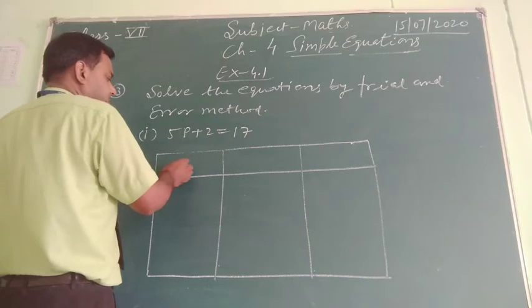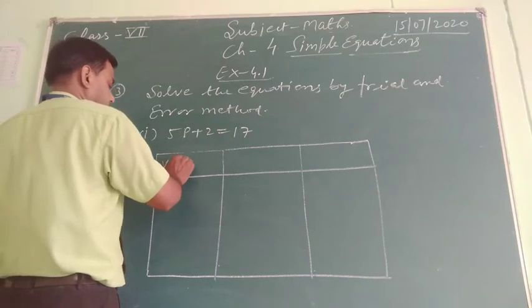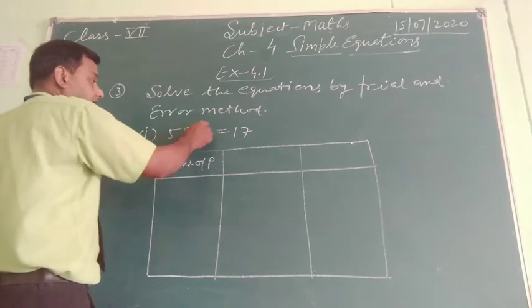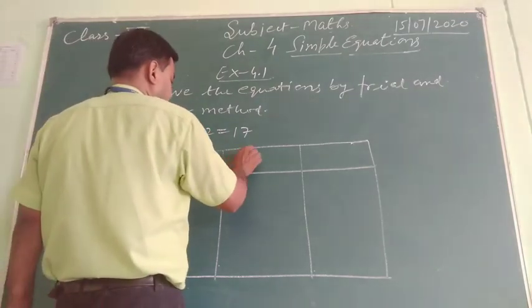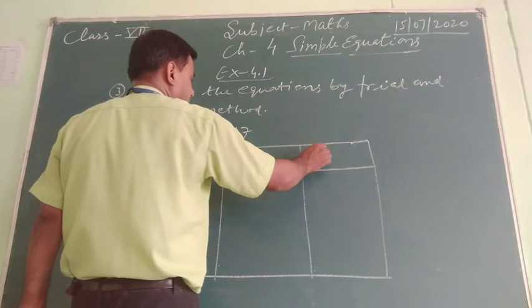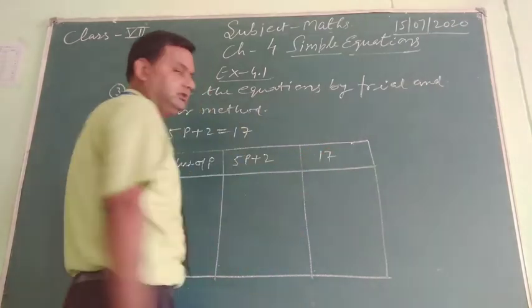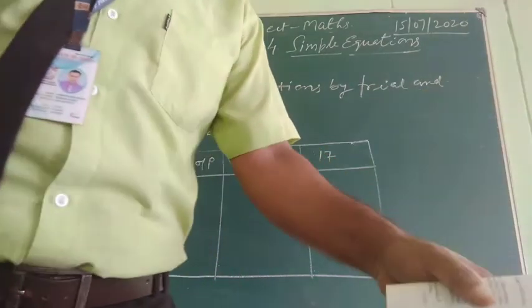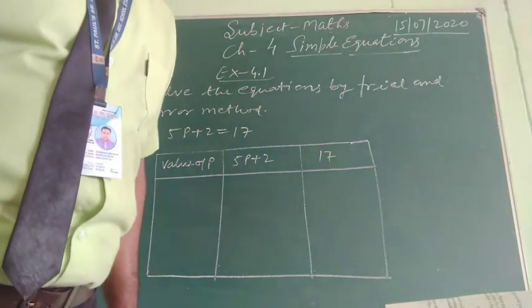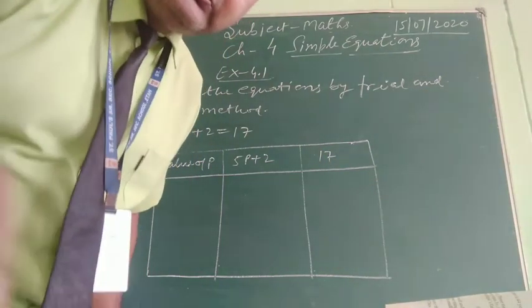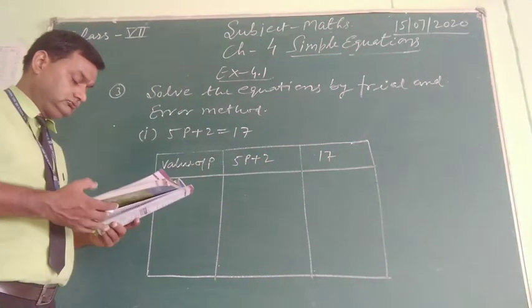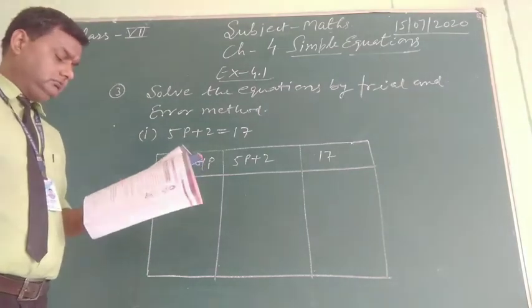In the table: value of p, equation 5p plus 2, and 70.